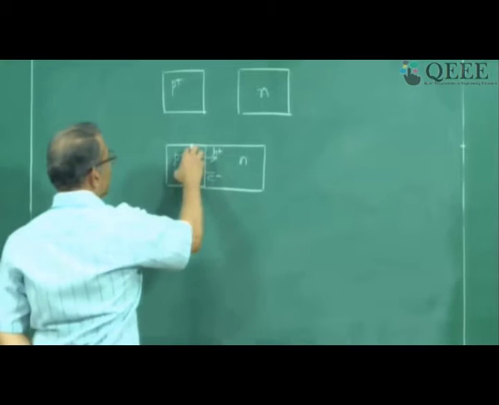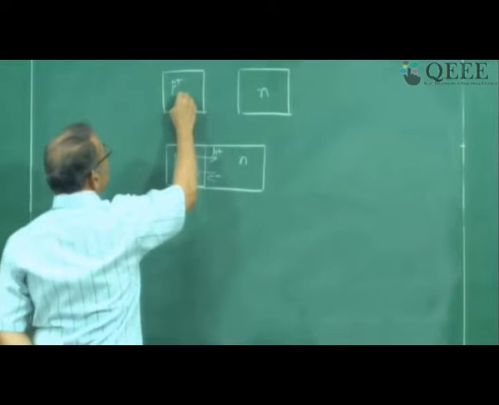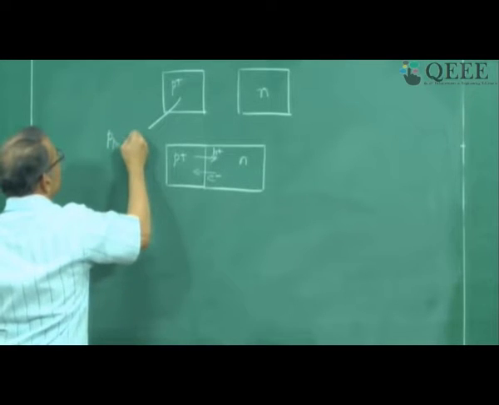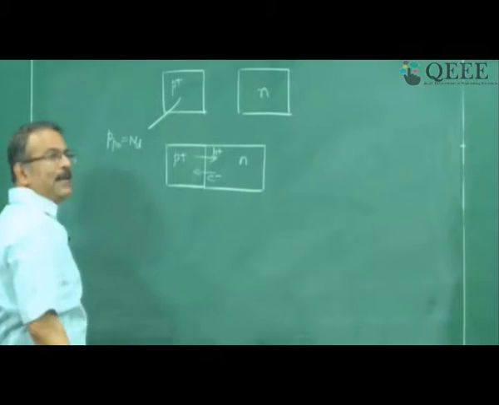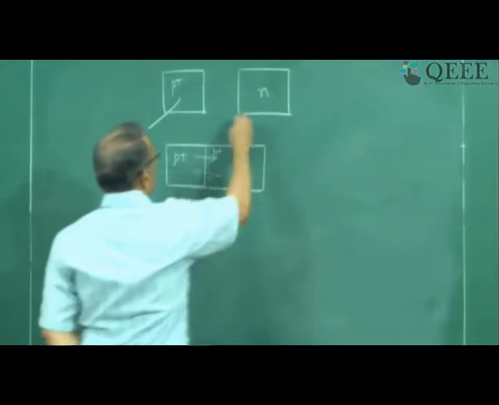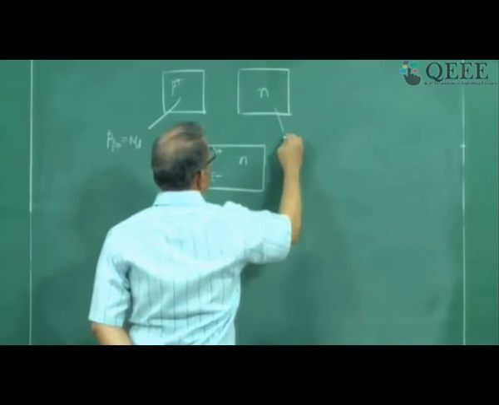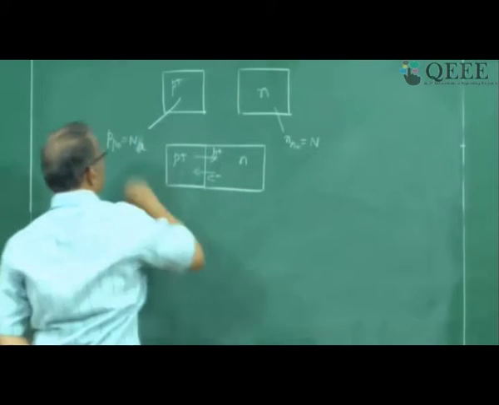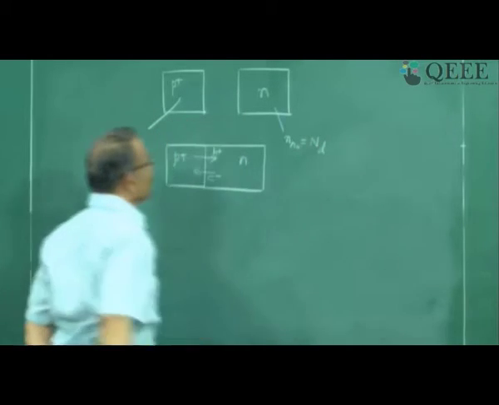Now we have already written what is the expression here for holes. The expression here is PP0 is equal to NA approximately. And what is the expression for electrons here? NN0 is equal to ND.